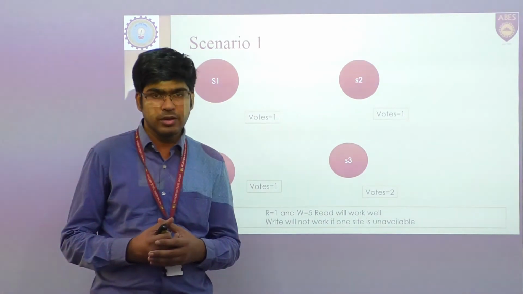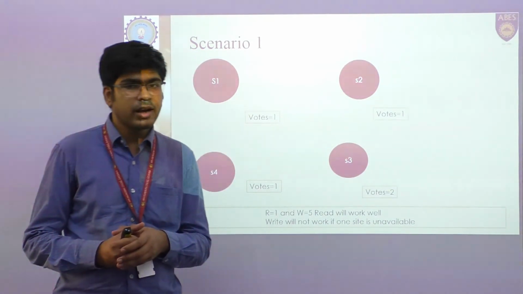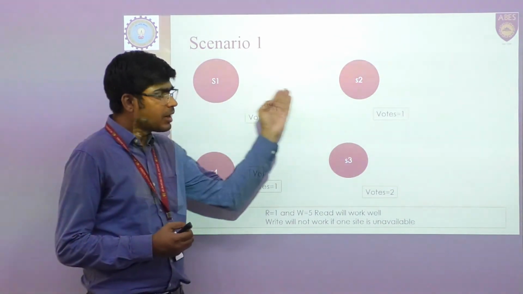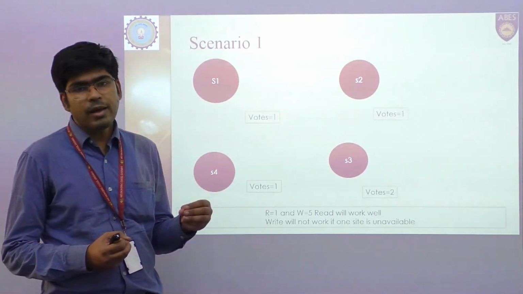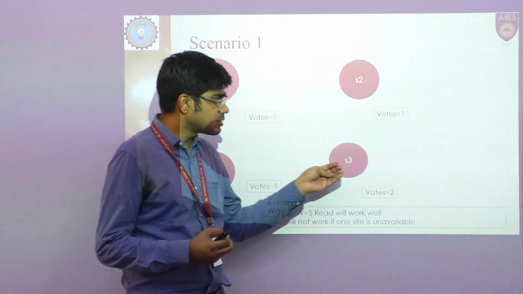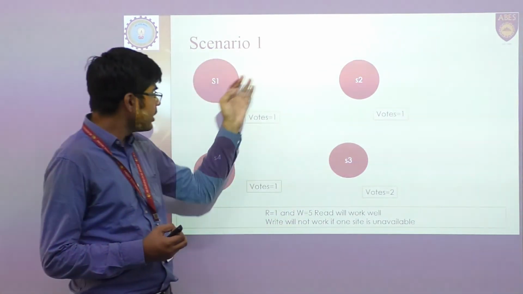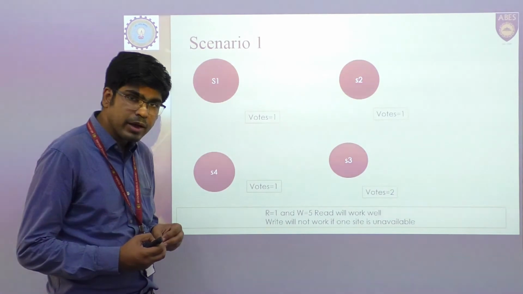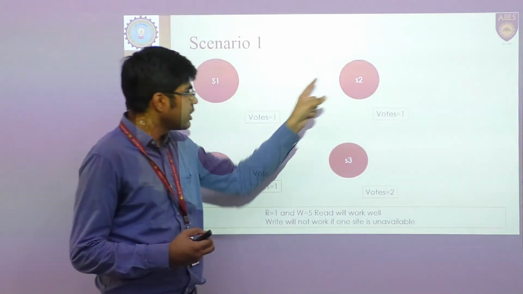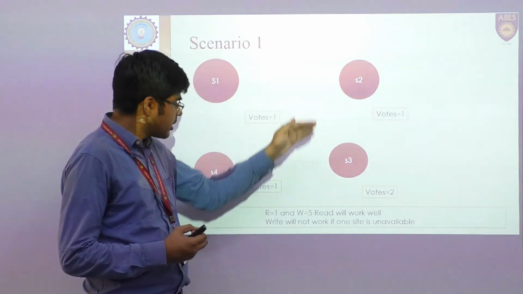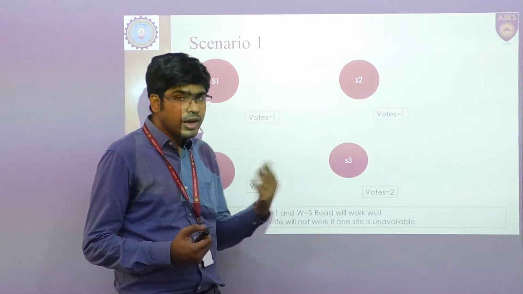No. The reason behind this is that we are saying that we are having the replicas of the files on the different sides, so even though a particular side, say S3, is down, still S1, S2 and S4 are available, so the latest files will be available based upon S1, S2 and S3, S1, S2 and S4, so you can get the quorum.